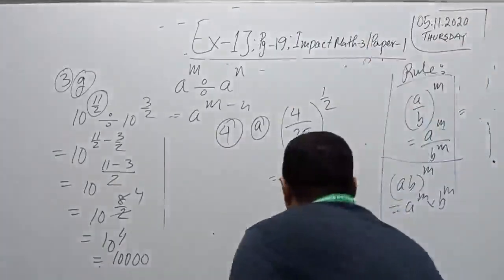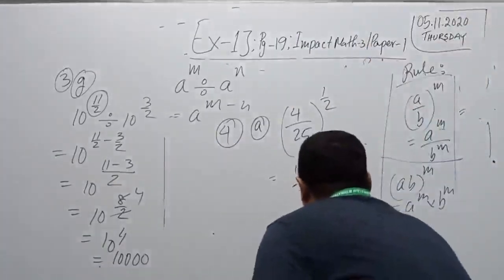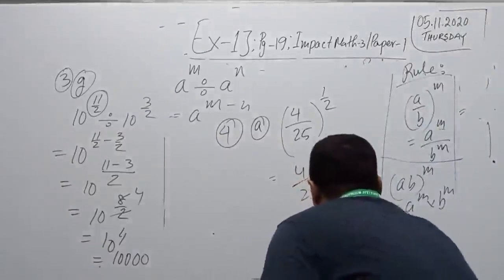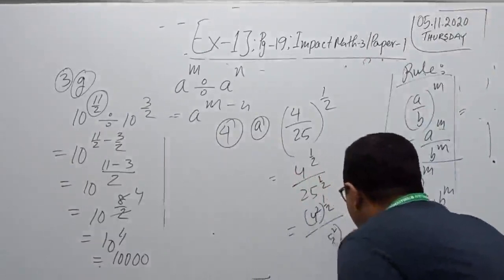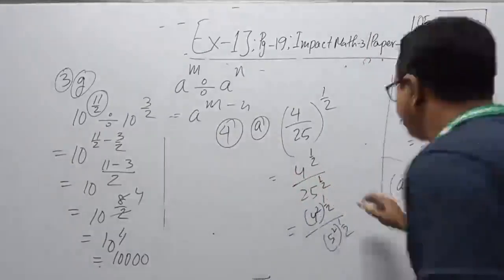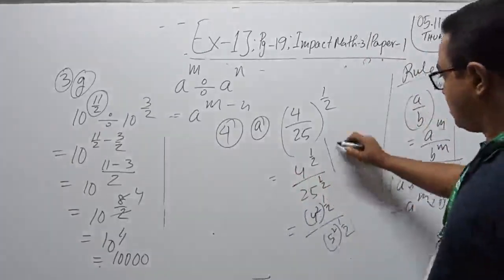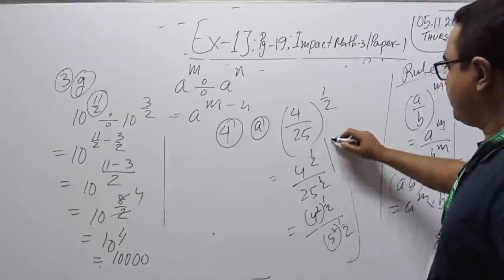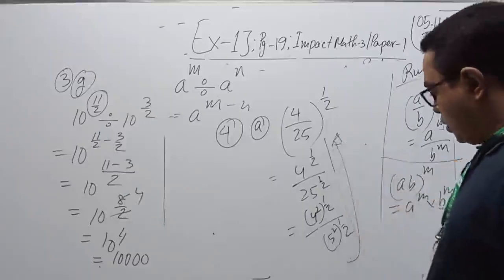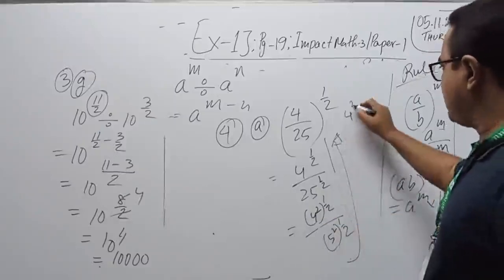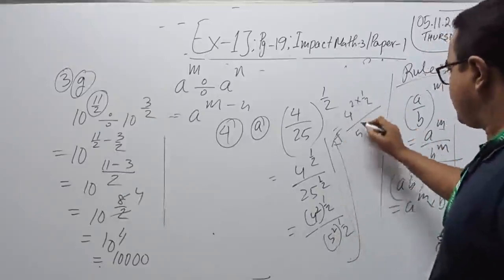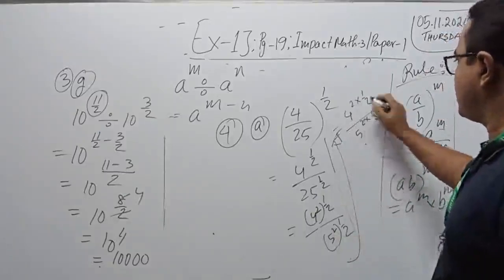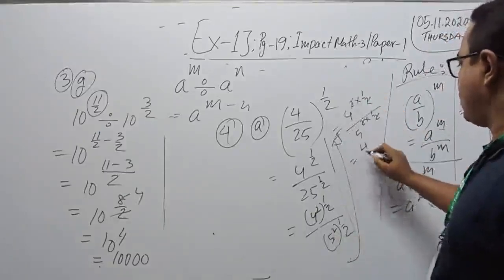Now 4 can be written as 2 square, and 25 can be written as 5 square, to the power of half. So 2 into 1 by 2, 5 into 2 into 1 by 2, 2 cut, 2 by 5.